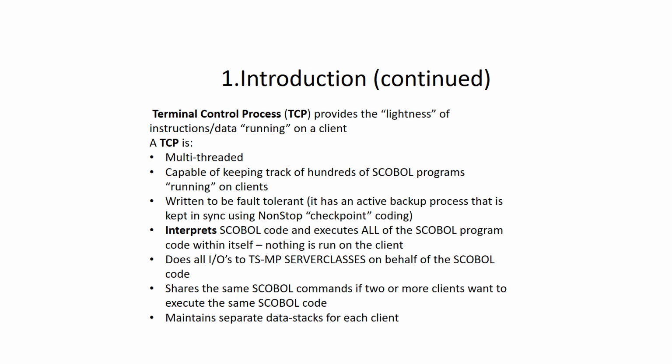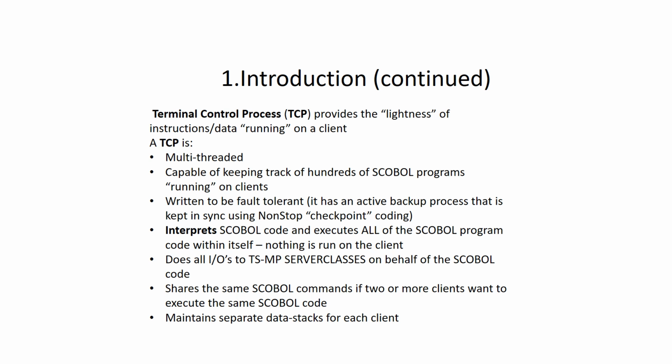The SCOBOL code is executed inside a TSMP process called a TCP, or Terminal Control Process. This provides the lightness of the client, meaning that all of the code that you have written in your SCOBOL programs is actually interpreted and run inside the TCP, which is running on the host.